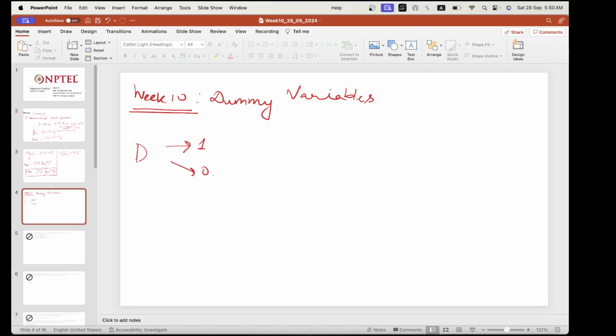So this d could either be 1 or it could be 0, and it is used when our predictors are measured in the categorical scale.